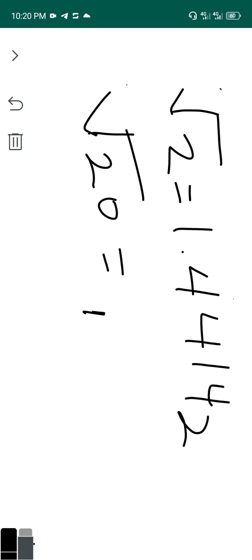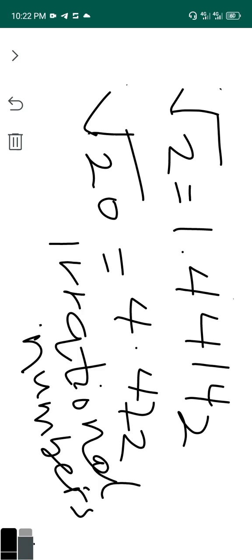This one too is giving us 4.472, because square root of 20 is a set but is not a perfect square. So these numbers, such as square root of 2, square root of 3, are called irrational numbers, generally called set, which is the topic we are looking at.